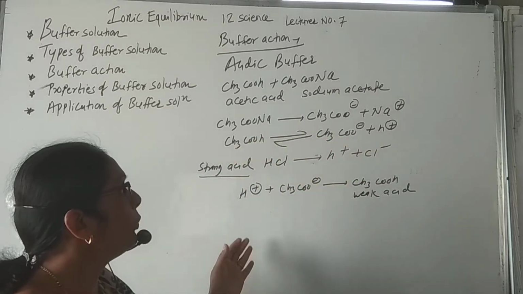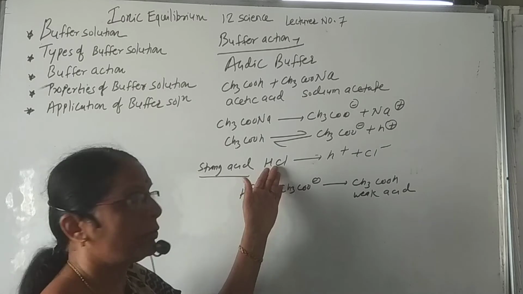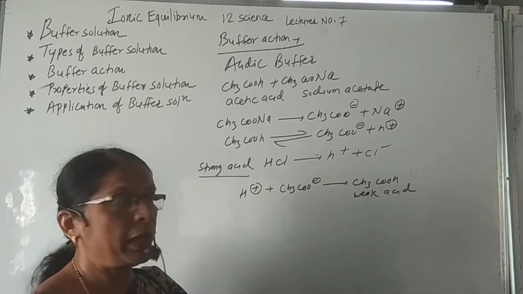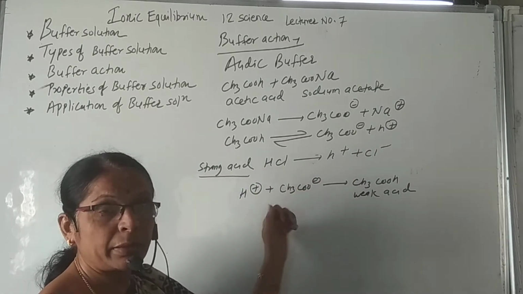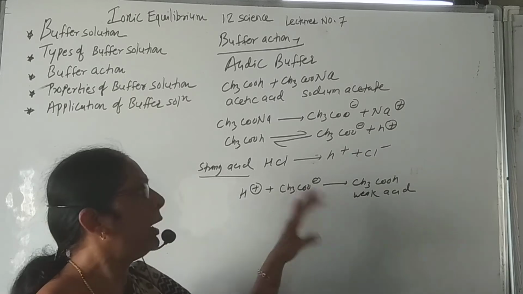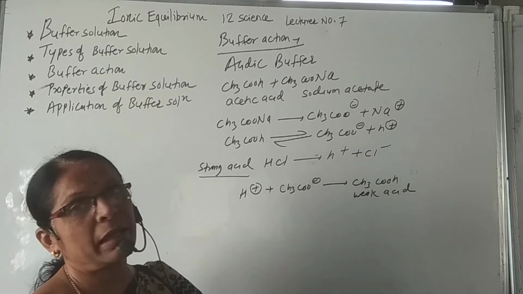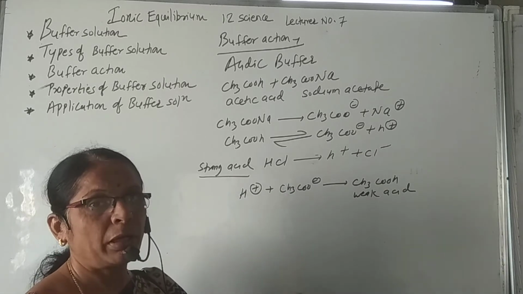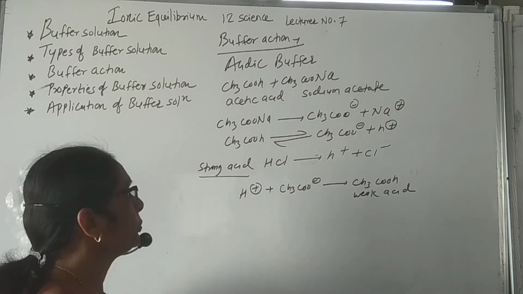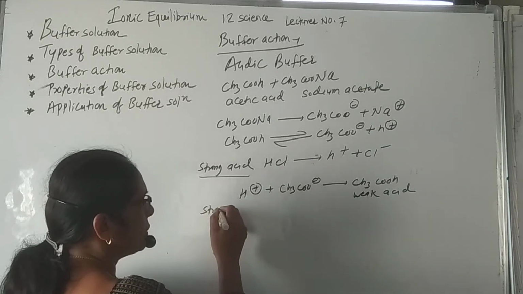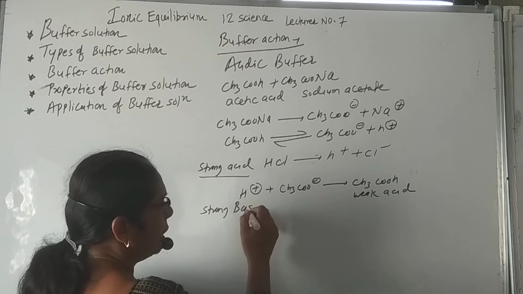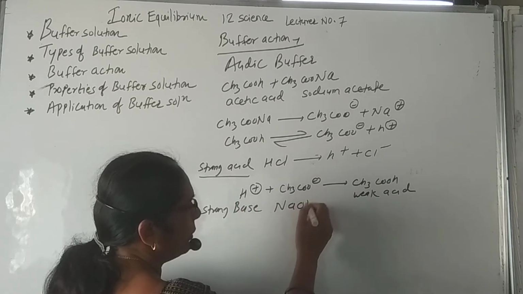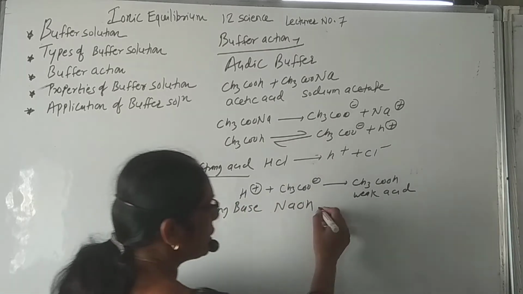So when you add a strong acid, whatever excess H plus ion is added is absorbed by the acetate ion, and the reaction takes the reverse action for the buffer to maintain the pH of the solution. Similarly, suppose we add a strong base, NaOH.